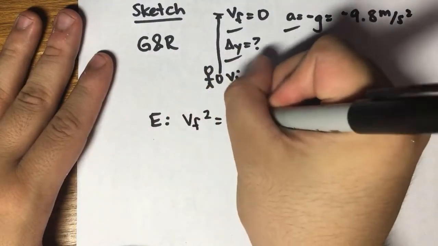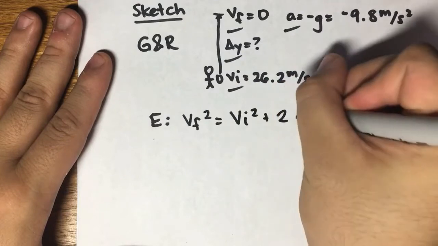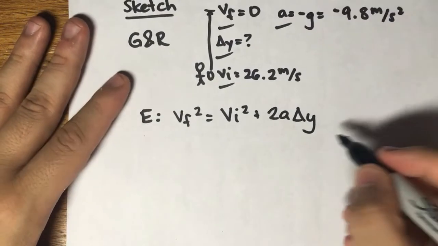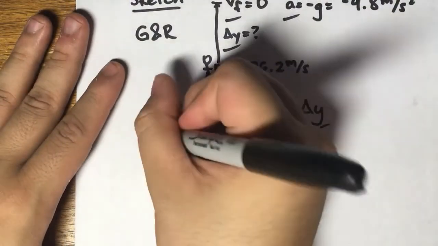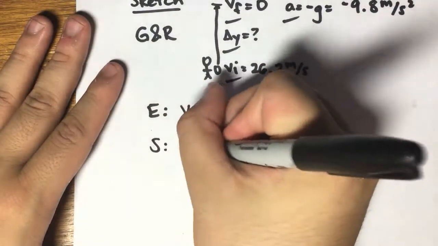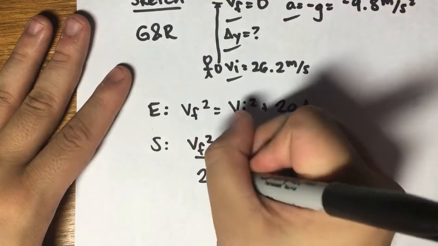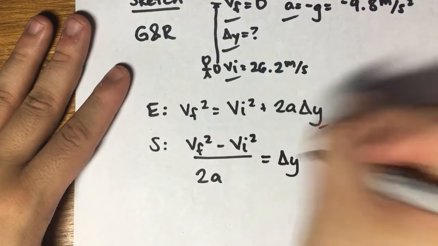Vf squared equals Vi squared plus 2A delta Y. Okay, so we can rearrange this because we're looking for Y. So the solution will be Vf squared minus Vi squared all over 2 times A is delta Y.